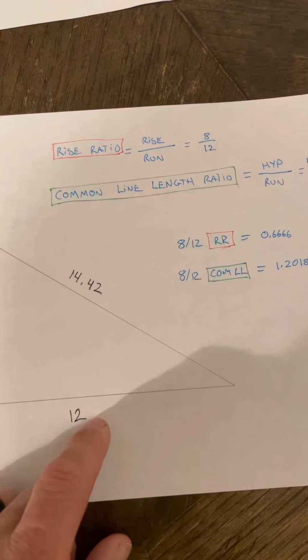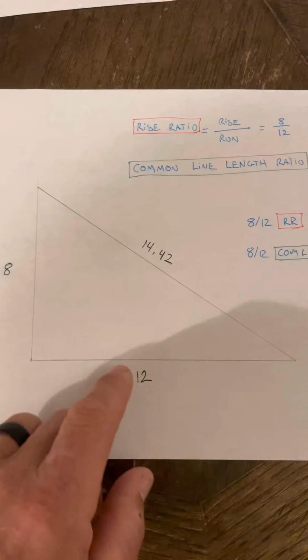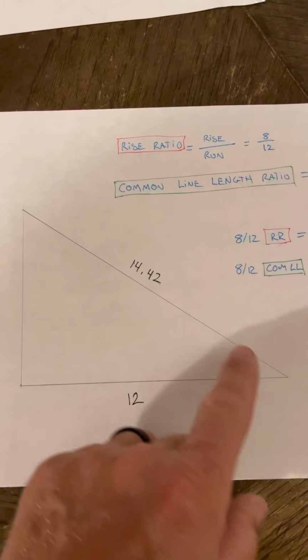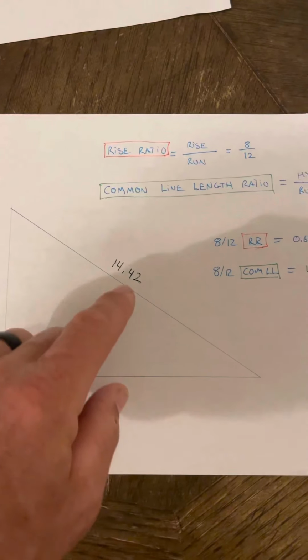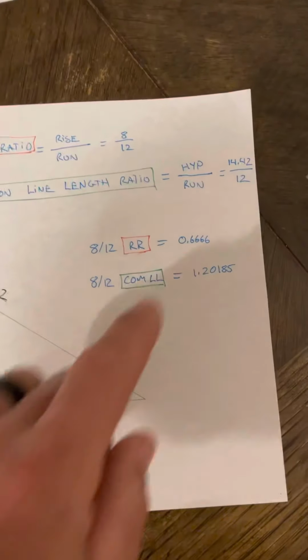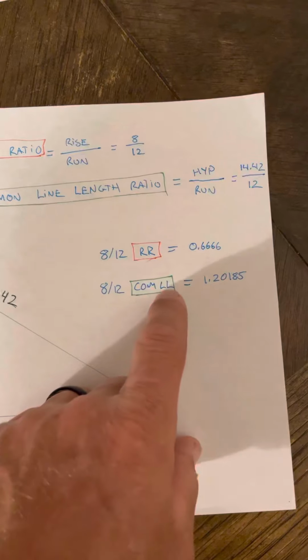For example, if you take an 8 pitch, which is 8 rise, 12 run, you're going to end up with a 14.42 diagonal, the hypotenuse. If you take the hypotenuse and divide it by the run, you get the common line length ratio.